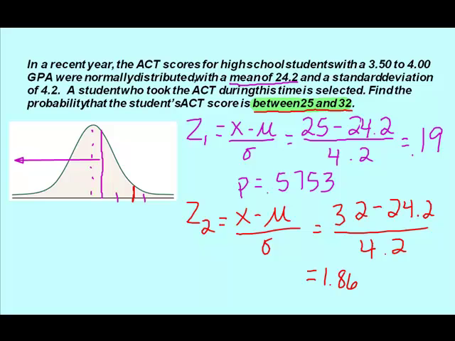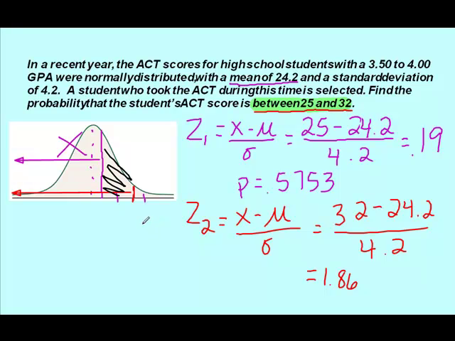The probability that I'm going to get for this answer is going to give me everything behind. So in essence, what I'm going to have to do is subtract out the purple. Get rid of it. That will give me what I want, which is right in between here. Red minus purple equals black.